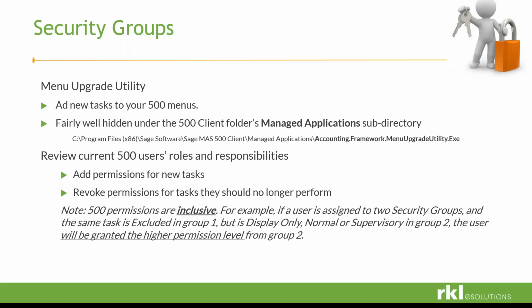And just a note, you can assign multiple security groups to any one user. And if you do that, 500 permissions are inclusive. So if one security group that the user is assigned to prevents them from launching a task, but another group that they're assigned to grants that permission, the user will be granted the higher level of access from the group that allows it.